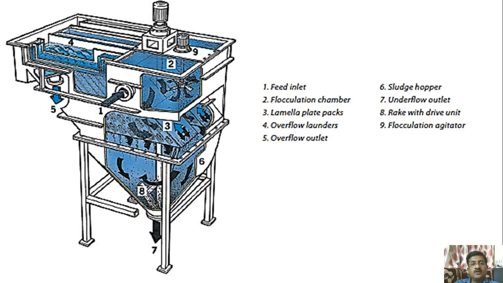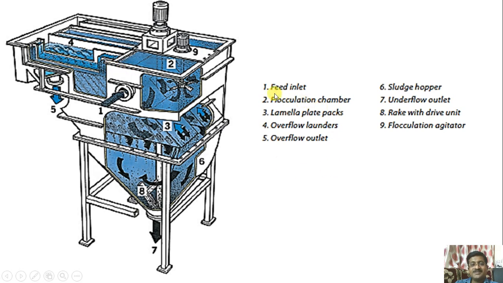Now you can see here a combined unit of this, where you can see these various parts, starting from point 1, 2, 3, 4, 5, 6, 7, 8 and 9. Now this is a huge tank, remember it seems to be smaller here, but it is a huge tank, a combination of this.